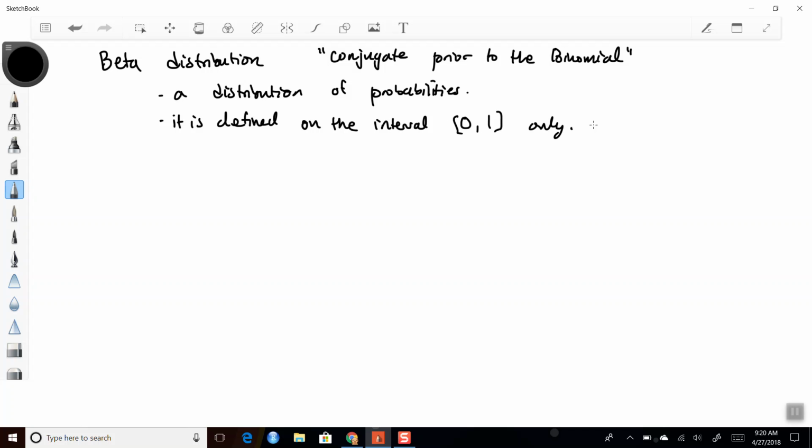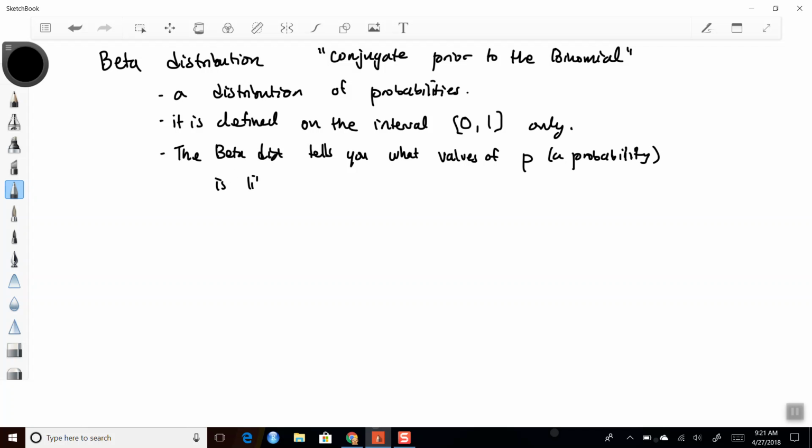And basically the height of the beta, the density of the beta, tells you what values of p, kind of a probability, are likely or unlikely, okay?